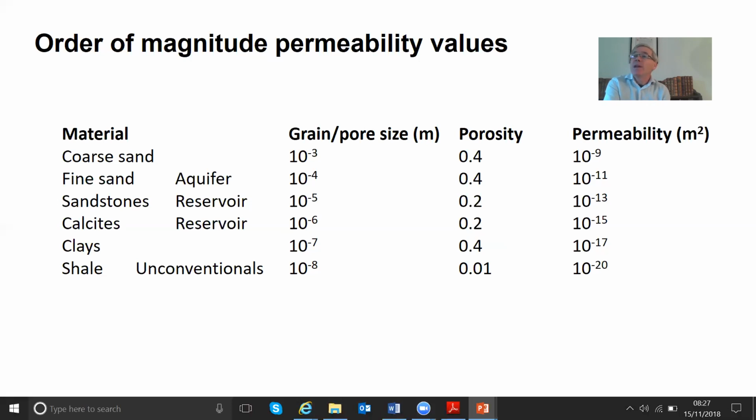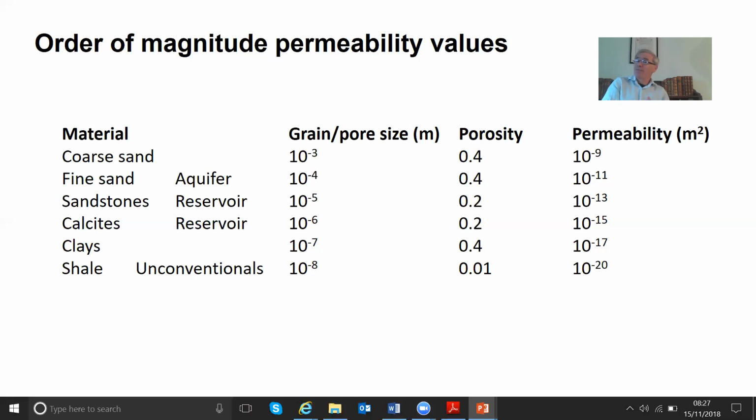And then, however, we have materials that are much less permeable. Clay, for instance, is formed of very small platelets. The typical pore size is a fraction of a micron. Okay, the porosity is quite high in a clay, but the permeability, therefore, is really very low. Okay, so we're looking at 10 to the minus 17 square meters. That's sort of 10 microdarcies.